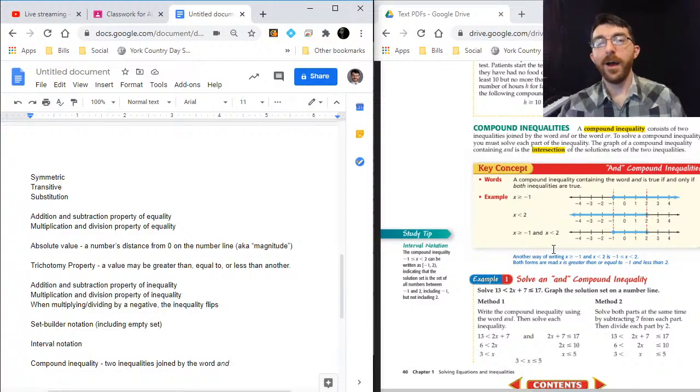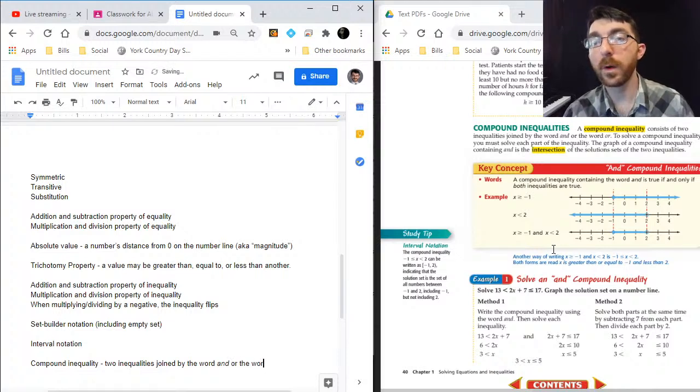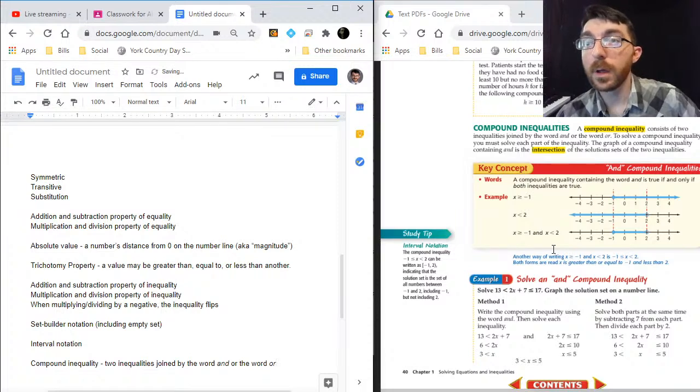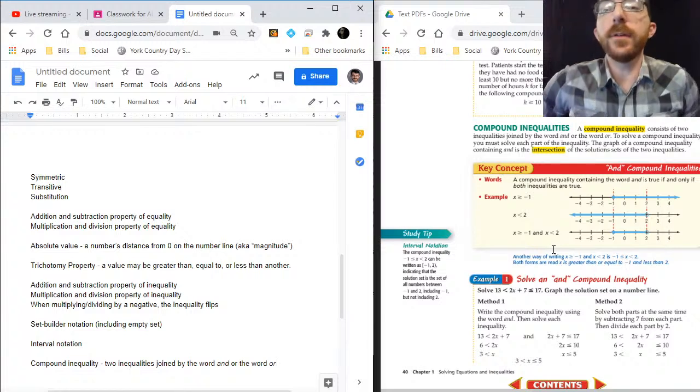Thank you, Harry. Inequalities joined by the word and or the word or. To solve a compound inequality, you must solve each part. The graph of the compound inequality containing and is the. Got it. Okay, this is perfect.